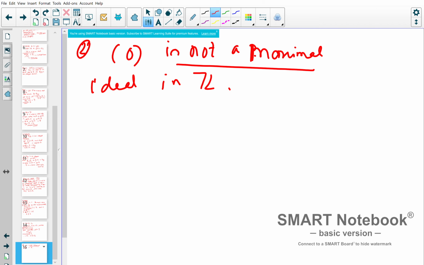Why? Because this is sitting properly inside another ideal, for example, inside pZ, right? And Z is obviously the full thing, so maximal means you cannot go further, right? So these are examples.